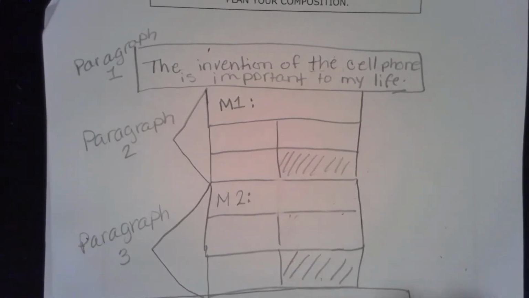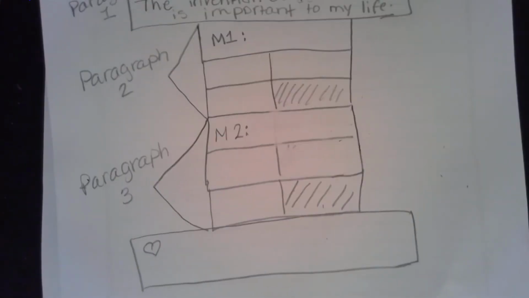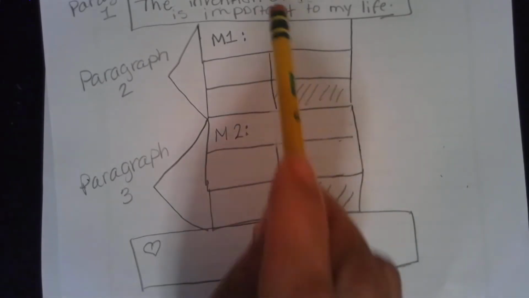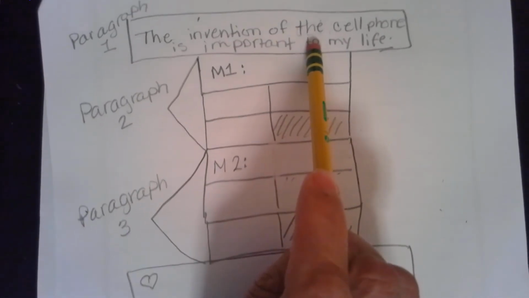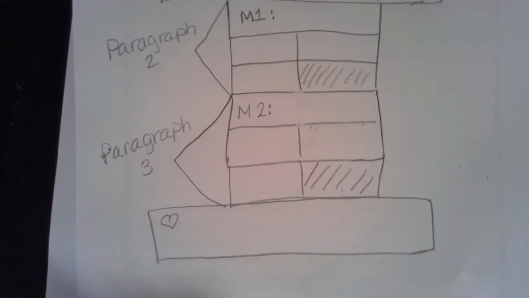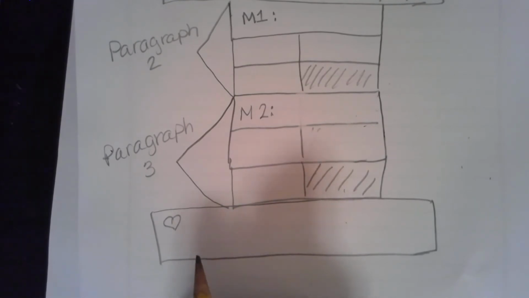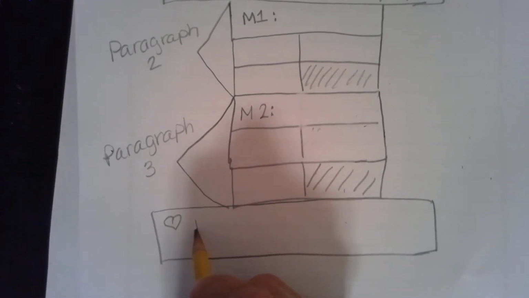And then I'm going to make another rectangle, and I'm going to put a little heart because this is my conclusion. My conclusion, I want it to say the same thing as I do in my introduction, but I want to have a little heart, a little bit of feeling to it. So in my conclusion, I want to say something about my cell phone, how important it's been to my life, or let me see.